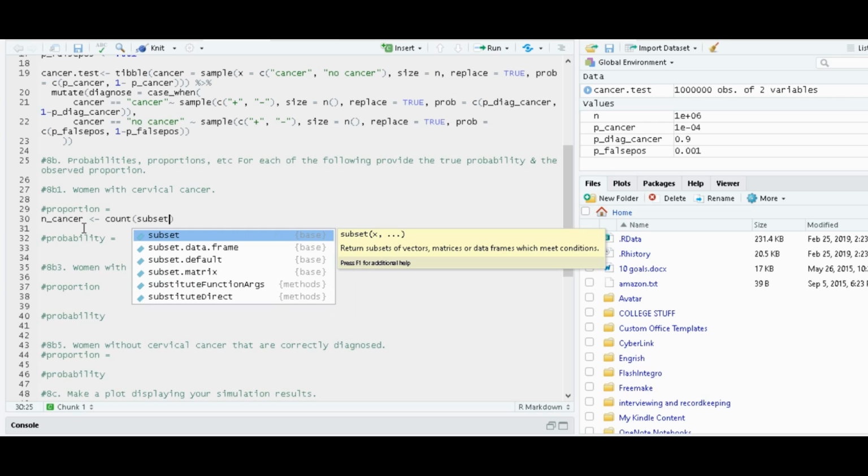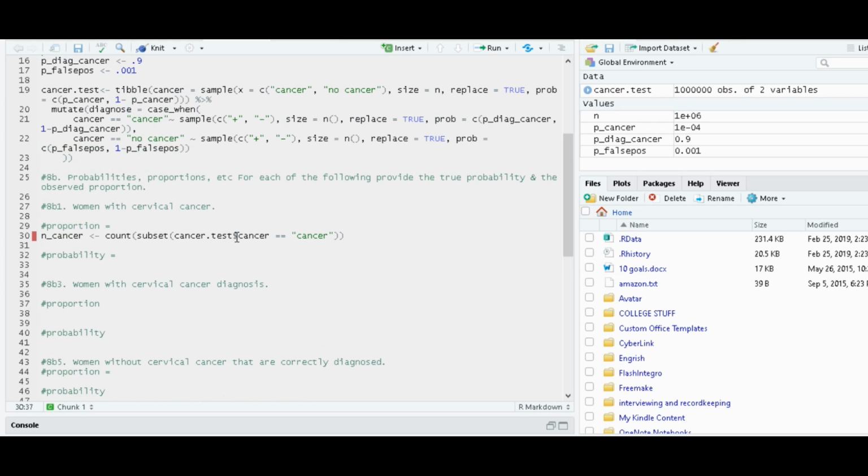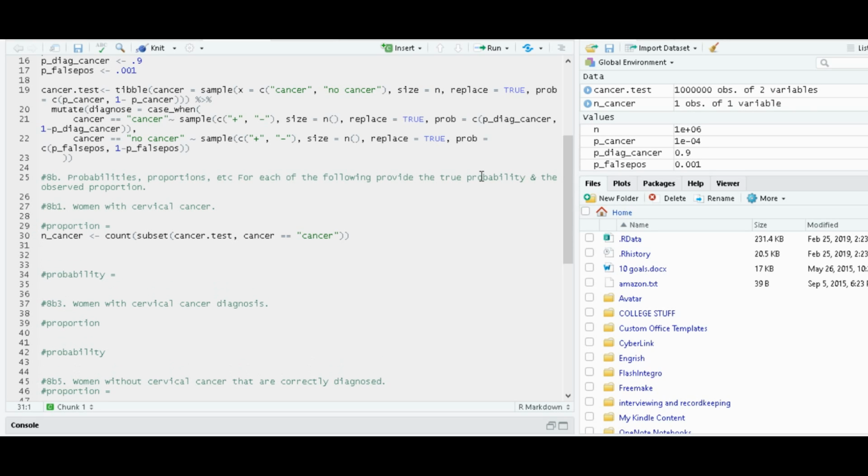Count is a function that will just pull up the number. Subset is a function. So we subset, and boom. Sweet. So now we have the number of cancer, and then we're going to divide that by the total population.